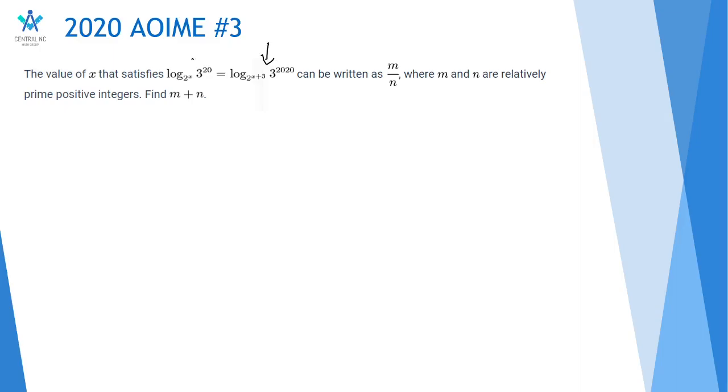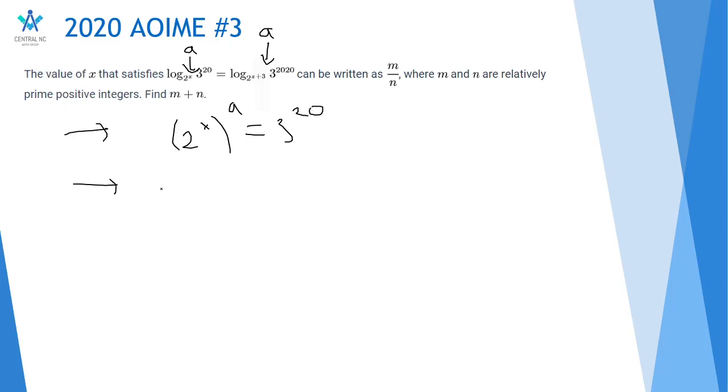First of all, let's let this common value be a. If we rewrite the logs using the definition of a log, we get that (2^x)^a is equal to 3^20.